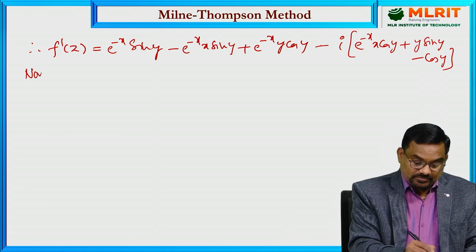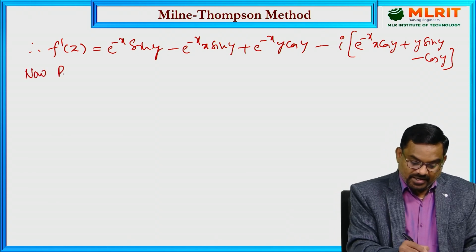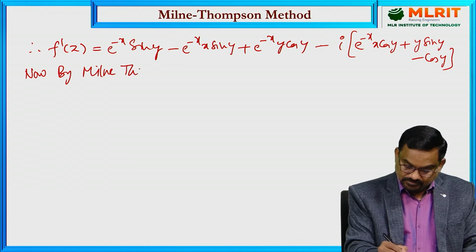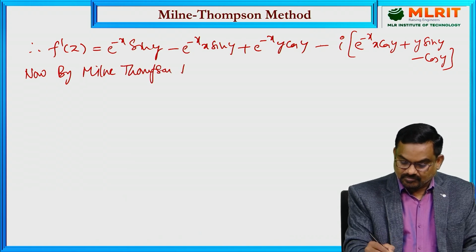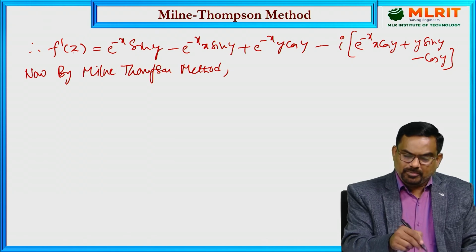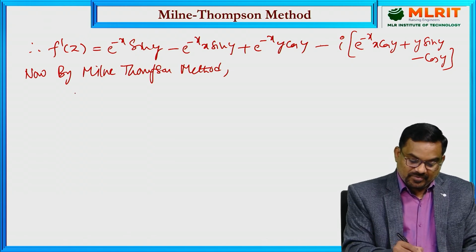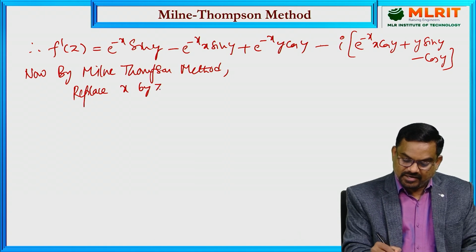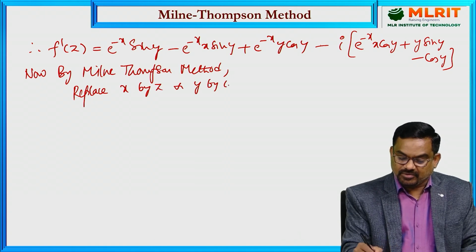Now, by Milne Thompson method, for the function f dash z to be in terms of z, replace x by z and y by 0.